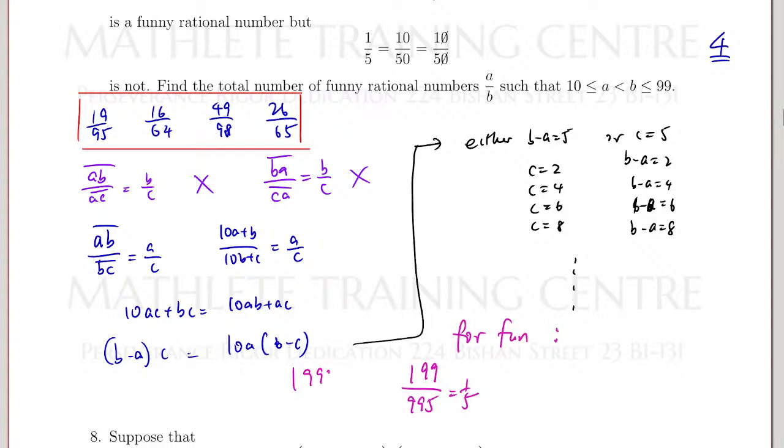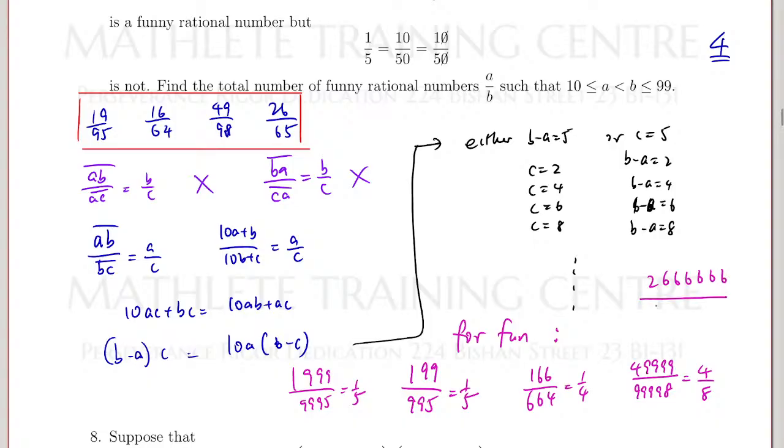In fact, 1999 over 9995 is equal to 1 over 5. 166 over 664 is equal to 1 over 4. 499999 over 99998 is equal to 4 over 8. It doesn't matter how many 6s you put inside, as long as it's the same number on the top and the bottom. It doesn't matter how many of this extra digit B you put, they will always be true.